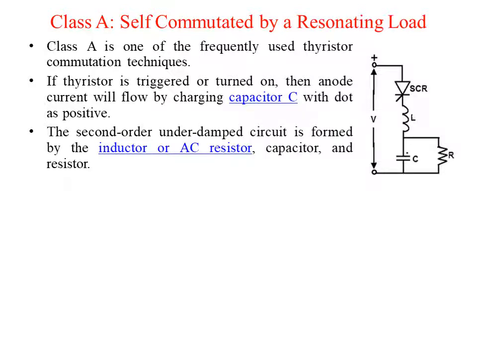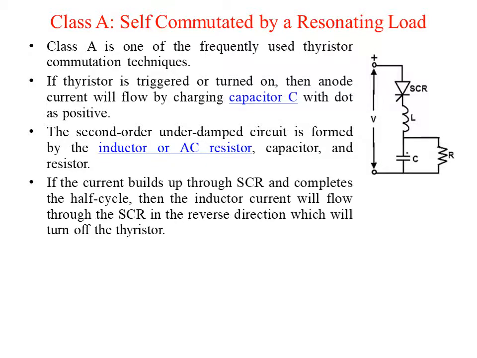The second order underdamped circuit is formed by the inductor, capacitor and resistor. So L, C, R forms the second order underdamped circuit.